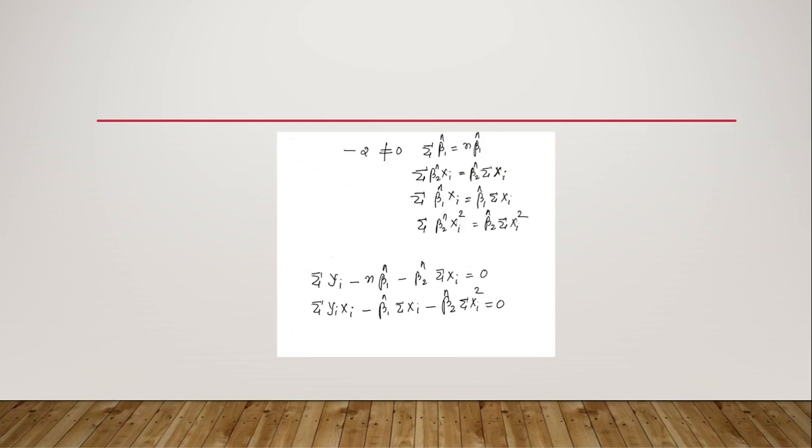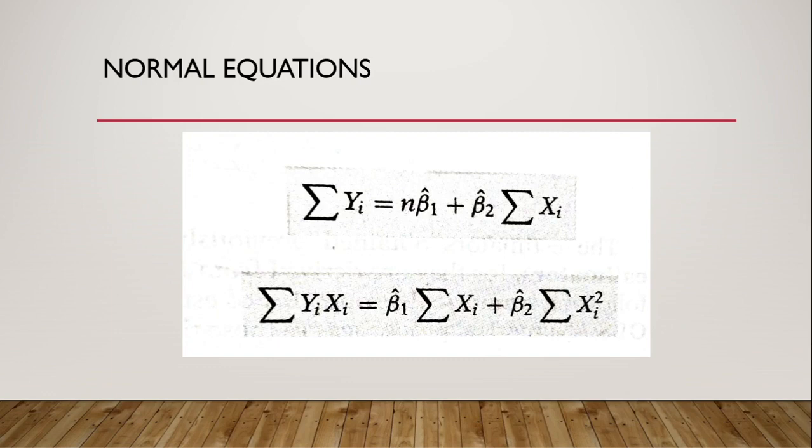The next equation, we have sigma yi xi minus beta 1 hat into sigma xi minus beta 2 hat into sigma xi square is equal to 0. So by rearranging these equations, we get two normal equations.